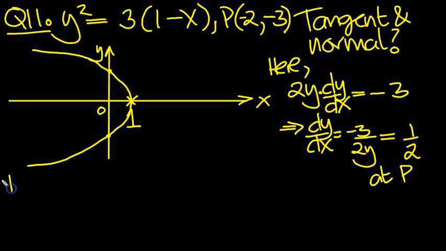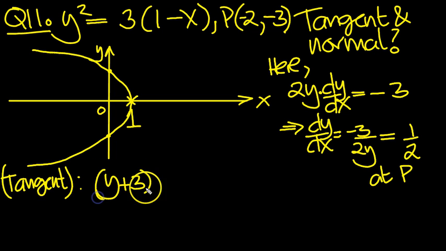So now let's do the tangent. As far as the tangent's concerned then, we've got y minus the y value, because it goes through this point, minus 3. So that's y plus 3, is equal to m, which is the half, that's the gradient of the tangent, times x minus the minus 2, so it's x plus 2.